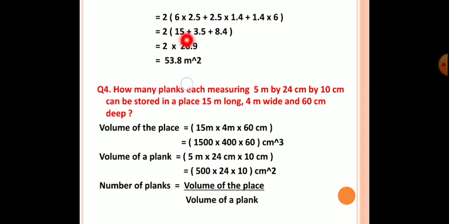So 6 multiplied by 2.5 is 15, plus 2.5 multiplied by 1.4 is 3.5, plus 1.4 into 6 is 8.4. On adding these three we'll get 26.9 in the next step. So 2 into 26.9 is 53.8 meters square.